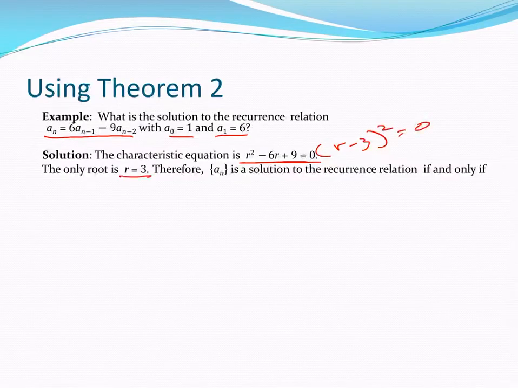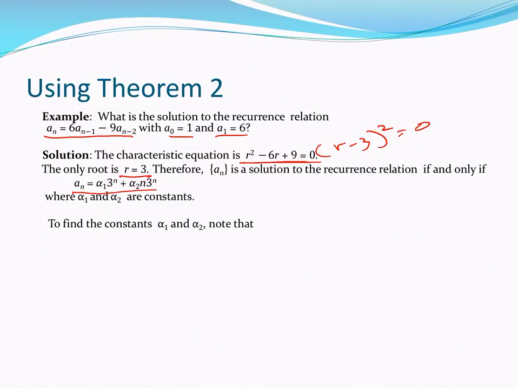So we get r equal 3 with multiplicity 2. So I can write down the solution. It's A sub n is equal to alpha 1 3 to the n plus alpha 2 n 3 to the n. And I've got to solve for my alpha 1 and alpha 2 using the initial conditions.